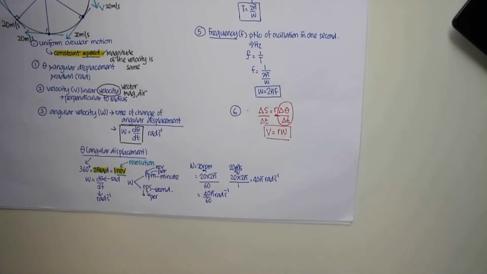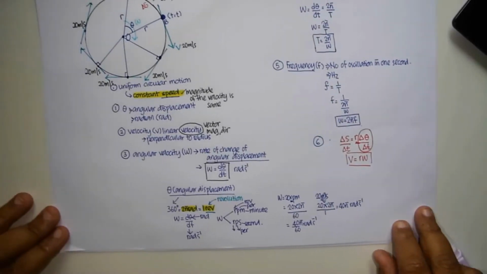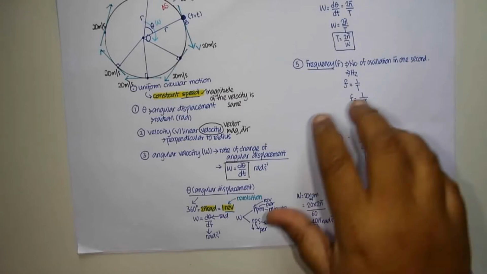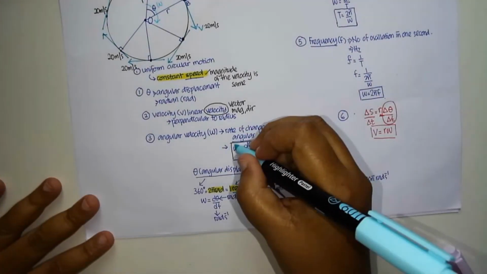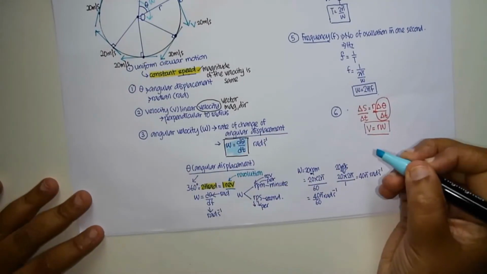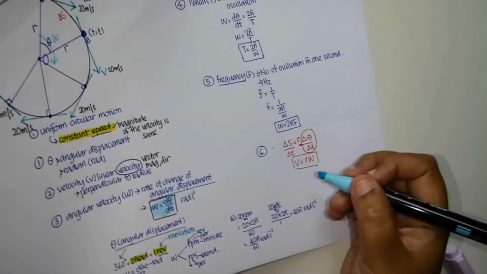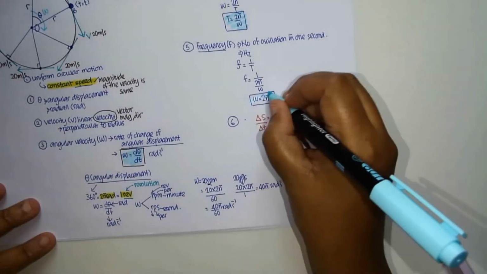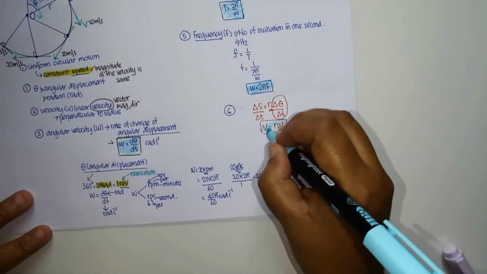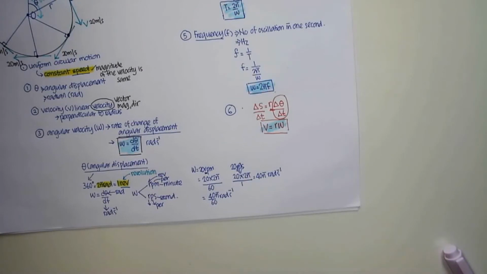How many new formulas or quantities have you studied in circular motion? You have studied omega equals d theta over dt, t equals 2 pi over omega, omega equals 2 pi f, and v equals r omega.